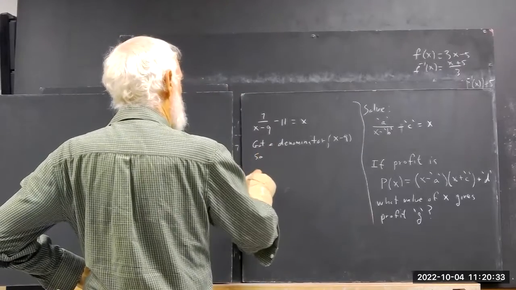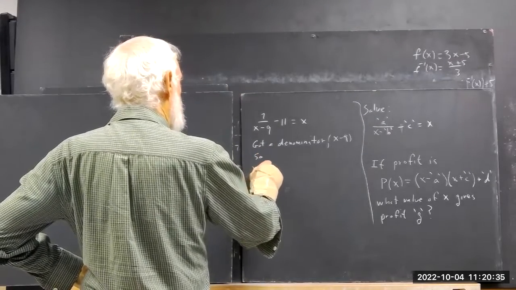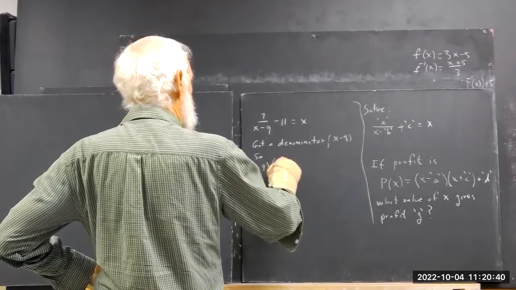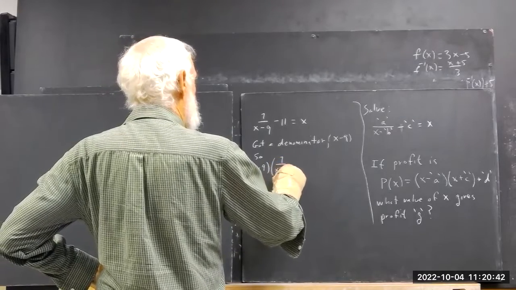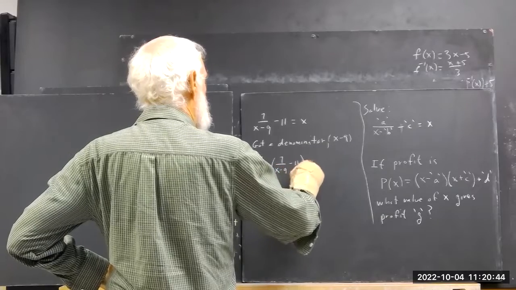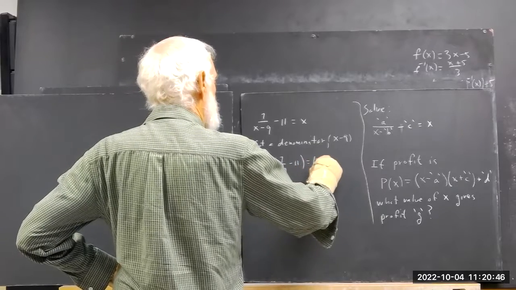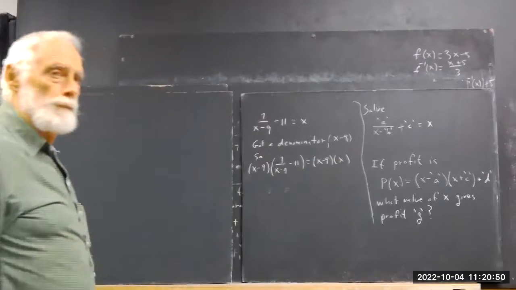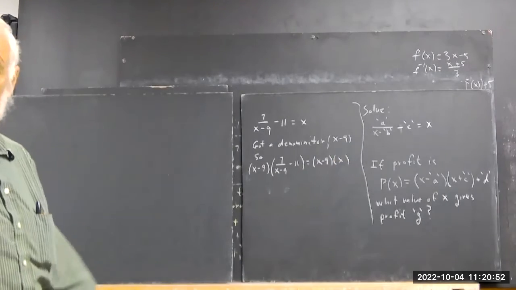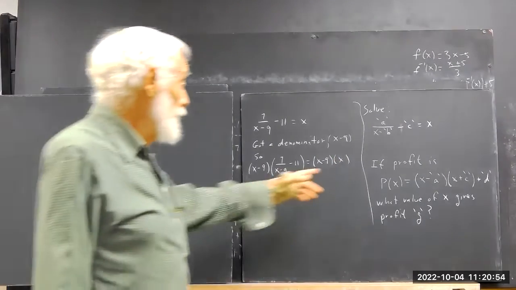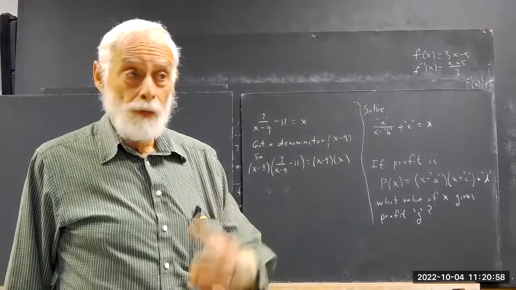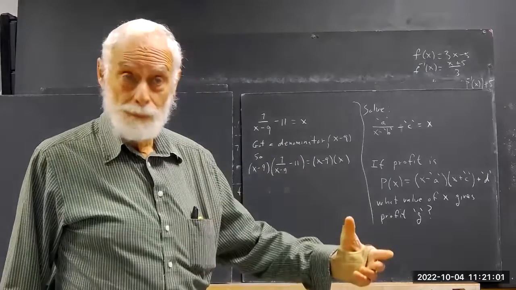So we multiply both sides automatically. Okay, we write this down. We don't do anything with it except write it down. Then we decide what to do with it.